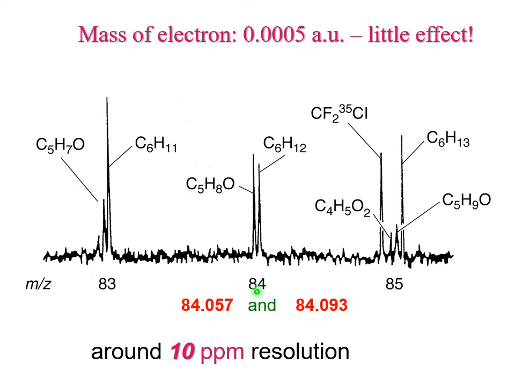So 84, 85, 83, this is what you'll have from a usual low resolution instrument. 84.057, that we'll have from an exact mass instrument. Of course, it's not exact, just higher precision.